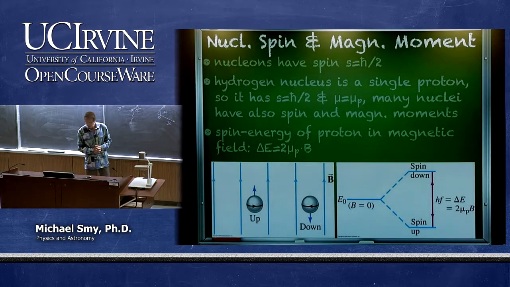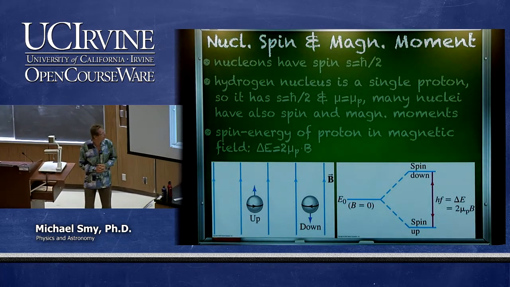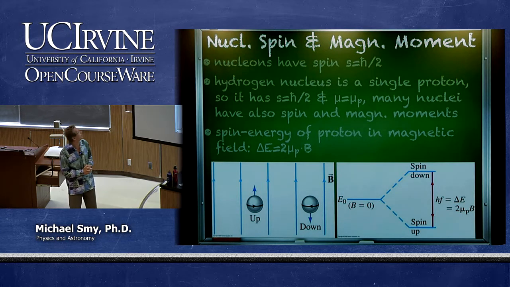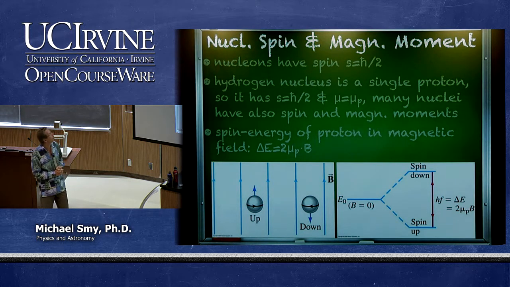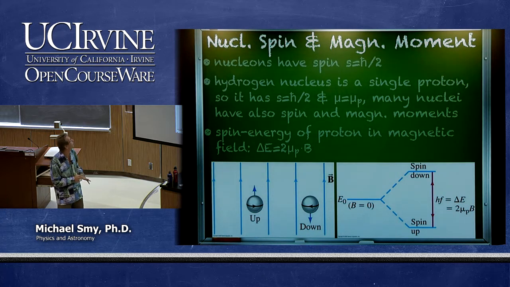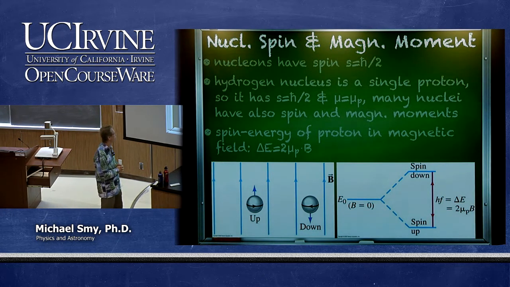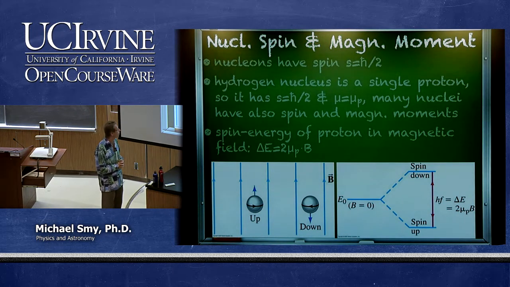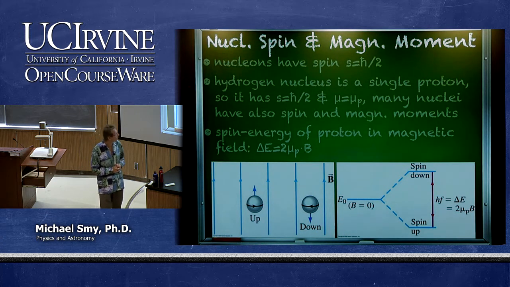If we now see what happens when we expose a nuclear spin, and since the nucleons have spins, the nuclei have spin also. They don't have to have spin, but certainly the hydrogen nucleus, which is just 1 proton, will have spin. There are 2 possible states. The one where the spin is aligned with the magnetic field, which is usually called up, and the other one where they're anti-aligned, which is usually called down.